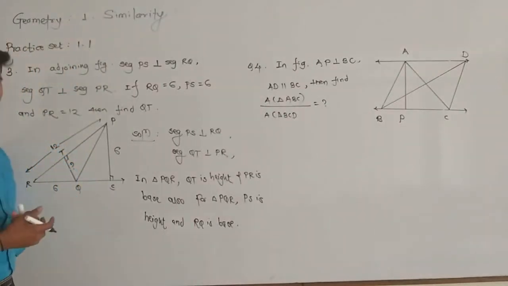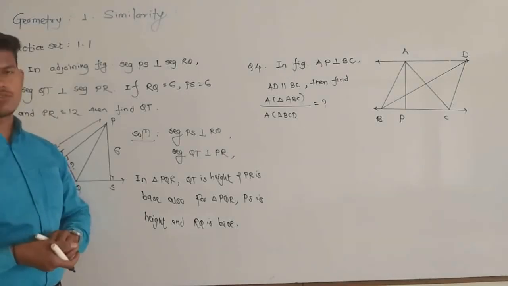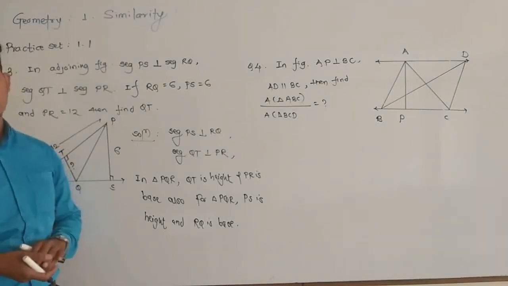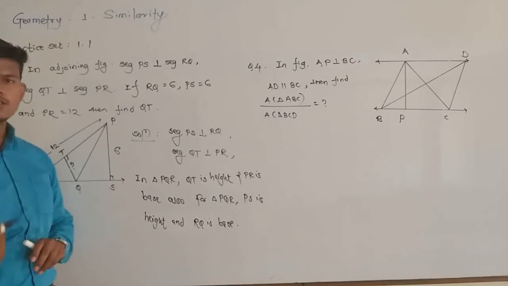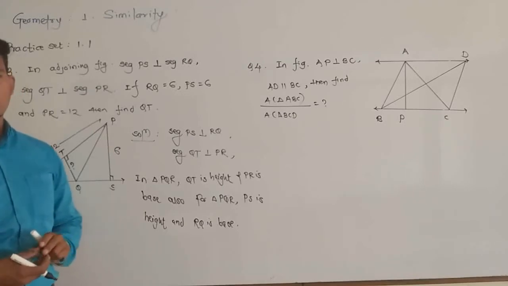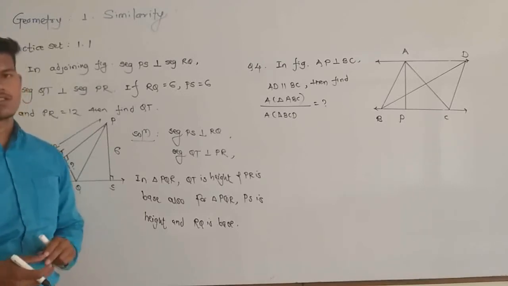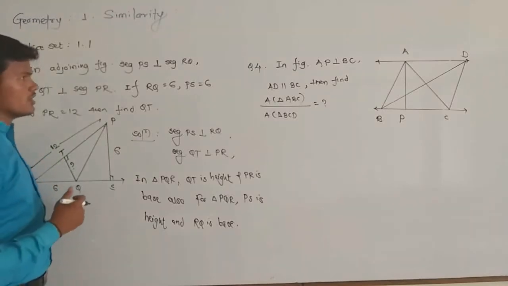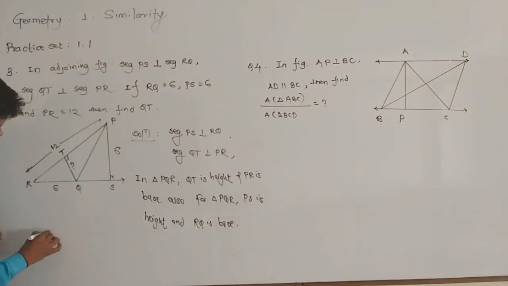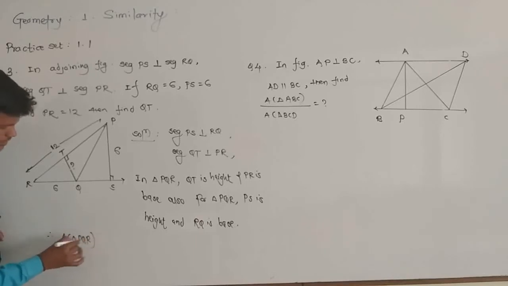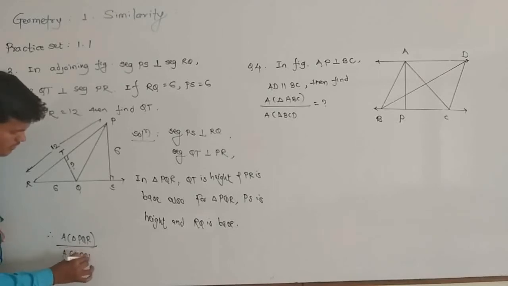That means if two triangles have different heights and different bases, then their area is proportional to the ratio of the product of their bases and corresponding heights. So we take ratio of area of triangle PQR to area of triangle PQR.